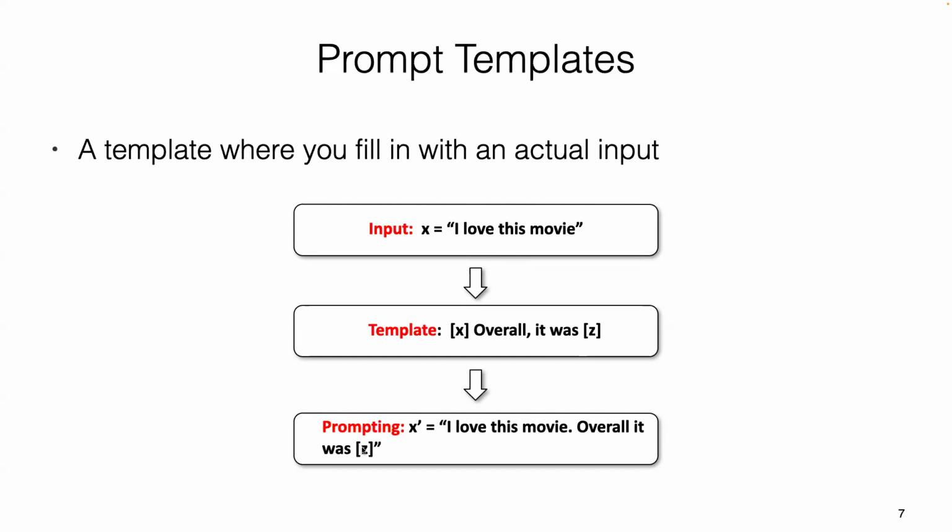The intention is that hopefully it'll give you something related to a review of the movie or the sentiment of the movie. So you can have a new input, put it into the template, and then perform this input-output task with the model.